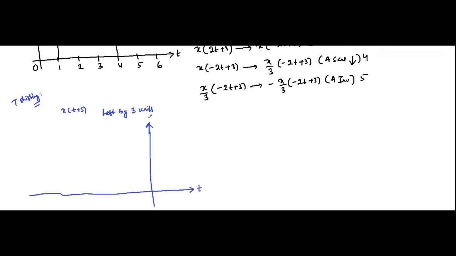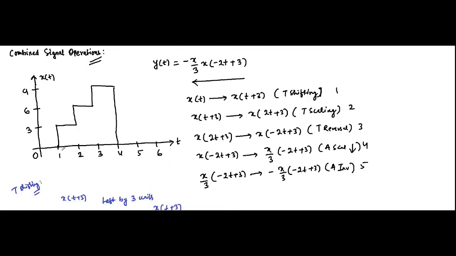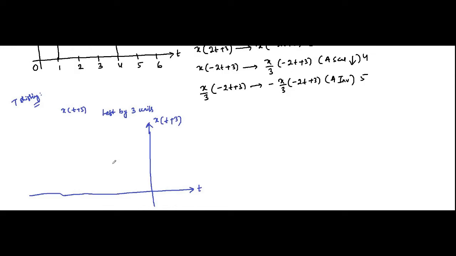A simple way to figure it out is to go to the original signal, then from the starting and ending points, subtract 3. 1 minus 3, 4 minus 3, which will give you the new starting and ending points. 1 minus 3 is minus 2, 4 minus 3 is 1. So the new starting point is minus 2, and the new ending point is 1.